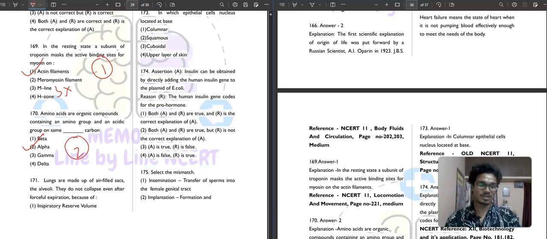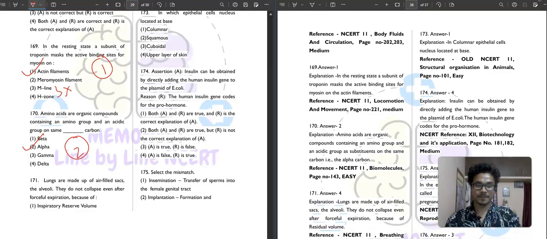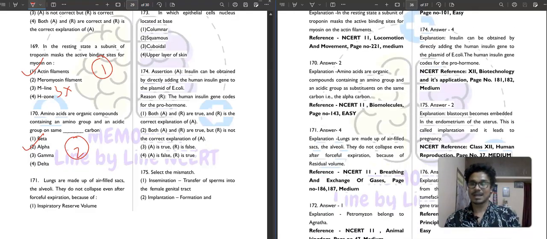Then question number 171. It is saying that lungs are made up of air-filled sacs, the alveoli. They do not collapse even after forceful expiration because of, what is this? Because of the residual volume, you know that. So I am putting my lazy respiration and I am putting maximum effort.